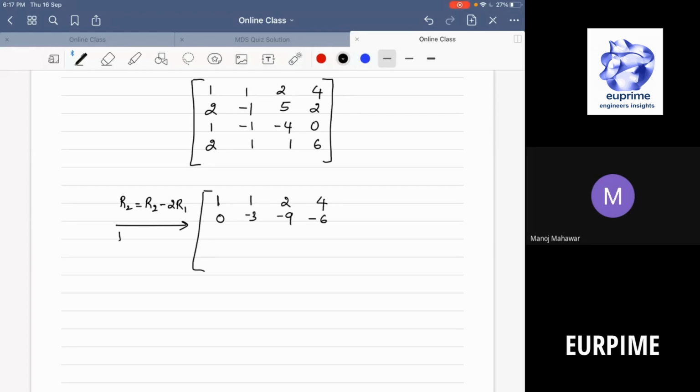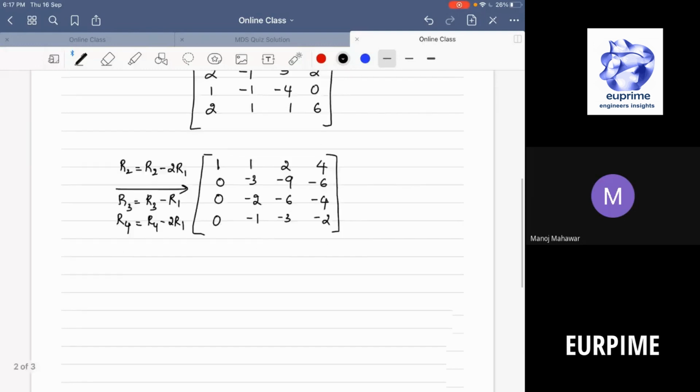Similarly for R3, taking R3 minus R1, I get 0 minus 2 minus 6 minus 4. For R4, R4 minus 2 R1 gives 0 minus 1 minus 3 minus 2.